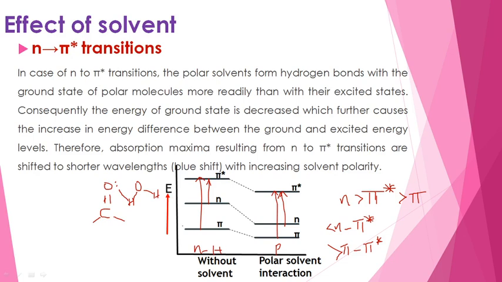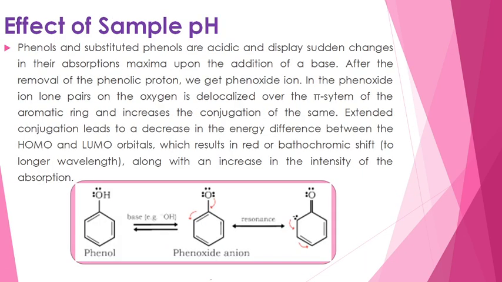So this is a very important point. For the case of carbonyl compounds, n to pi star transitions will show a hypsochromic shift and pi to pi star transitions exhibit a bathochromic shift. This is the clear-cut point due to the influence of polar solvent on carbonyl compounds.